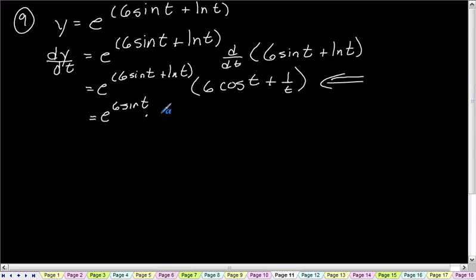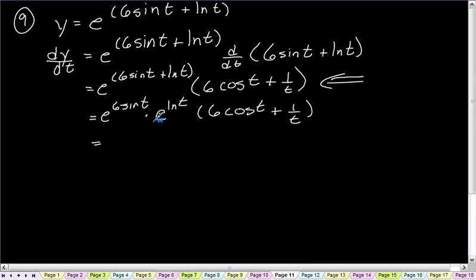I can do this, and this we've seen before. This part here, e to the natural log of t, just becomes t. This over here stays the same. This is 6 cosine of t plus 1 over t.